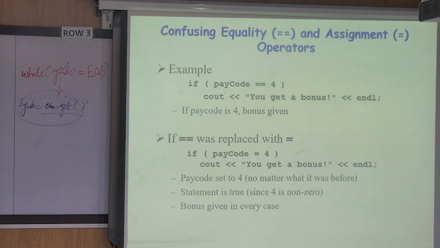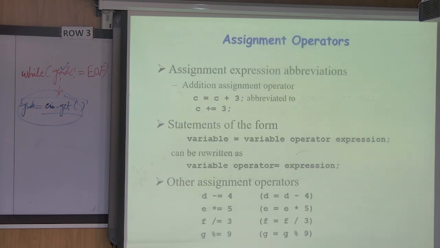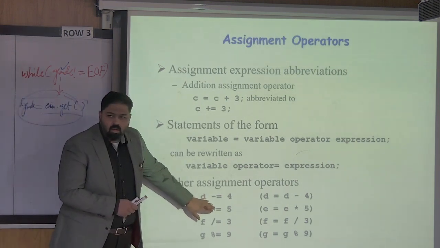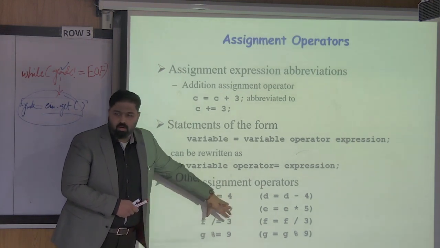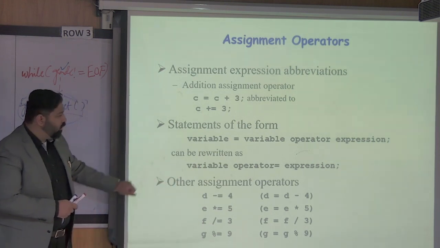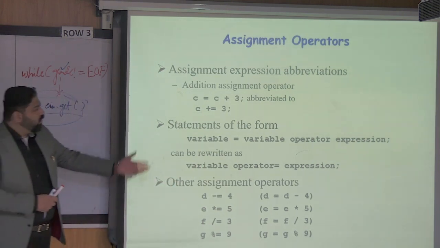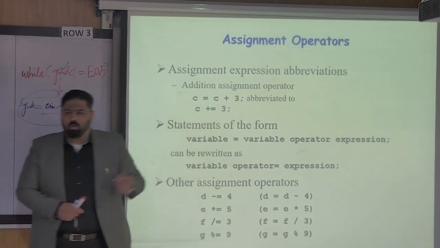Okay, now some alternates of statements that we have discussed. Can you make sense out of these? d minus equal to 4 is equivalent to this. So we have equivalent statements, and we can use either of these. C is equal to C plus 3 can be written as C plus equals 3.